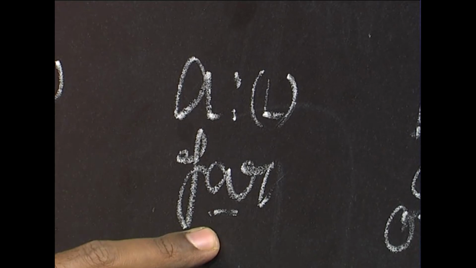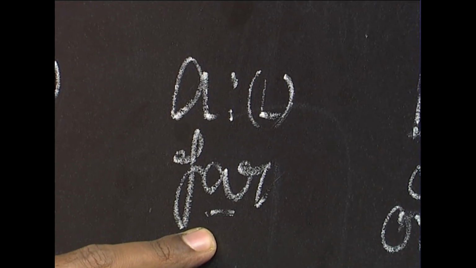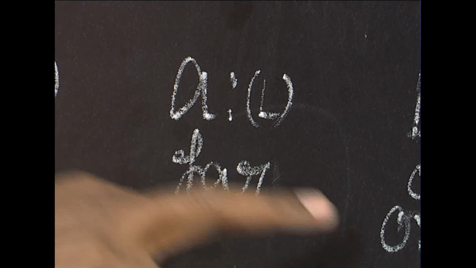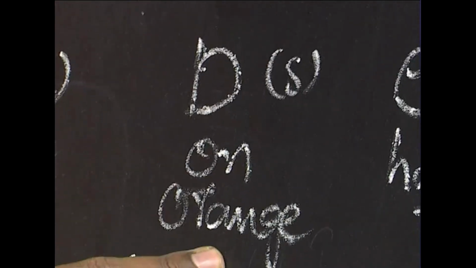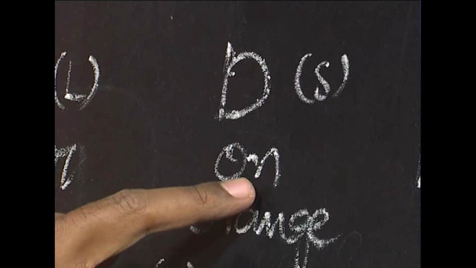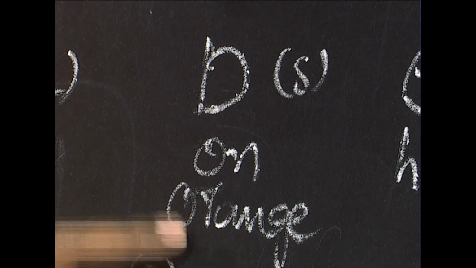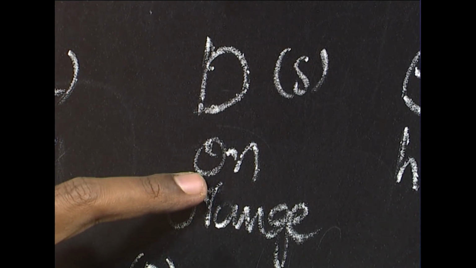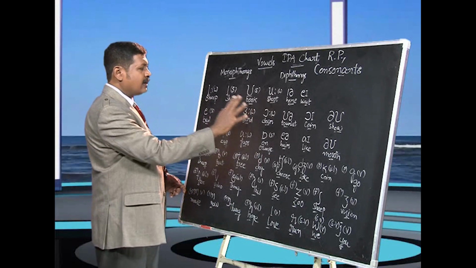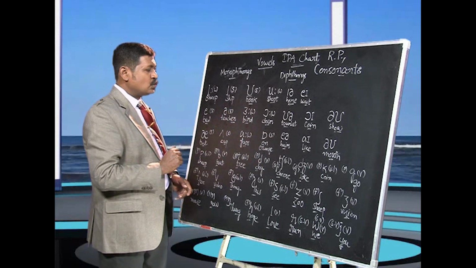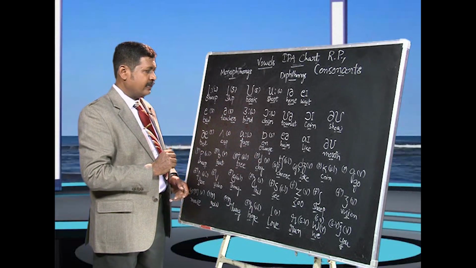Far, car, bar. A short vowel sound again, O, that is on. This is the sound that we use for aw. Orange, on, off. Okay, so these are the 12 monophthongs.